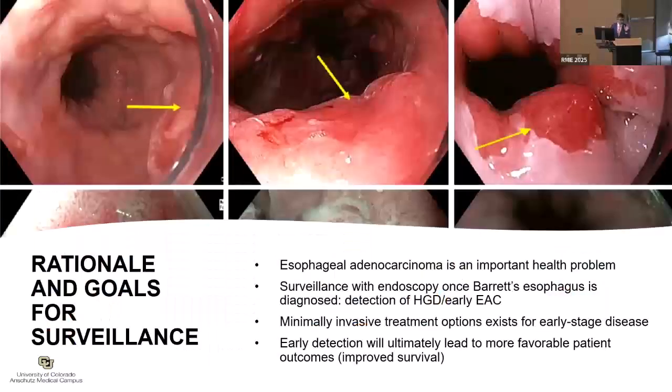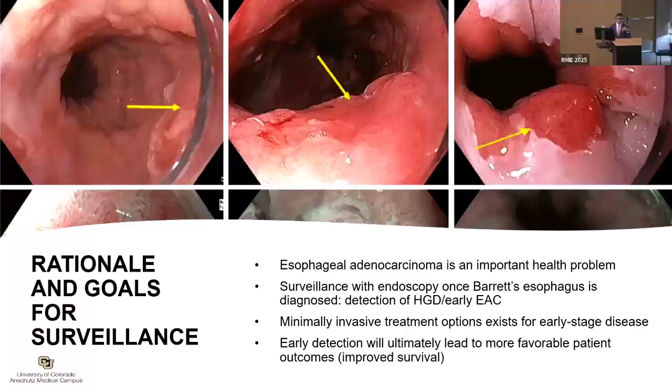What's the goal of doing surveillance for patients with Barrett's esophagus? I think everyone in this room recognizes that esophageal adenocarcinoma is an important health problem. This is still a cancer that continues to have a dismal 5-year survival rate of less than 20%.